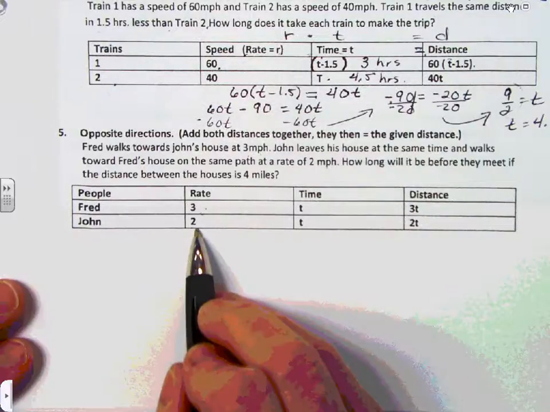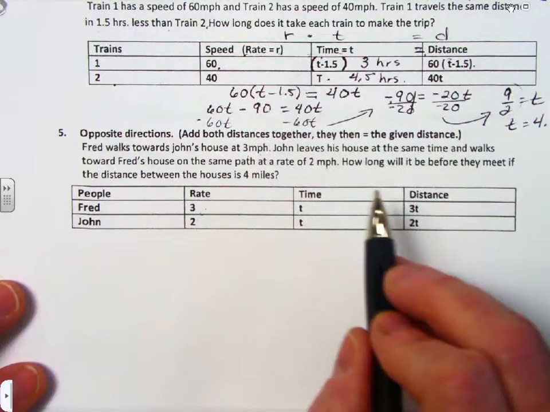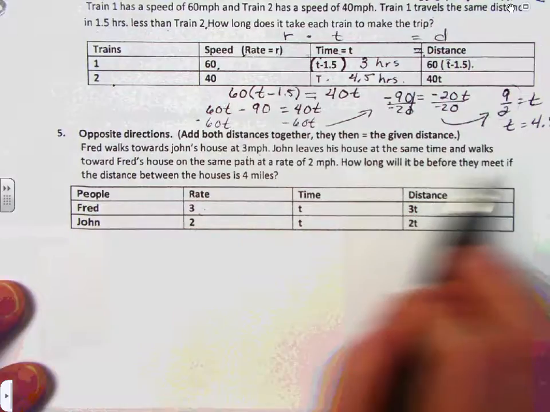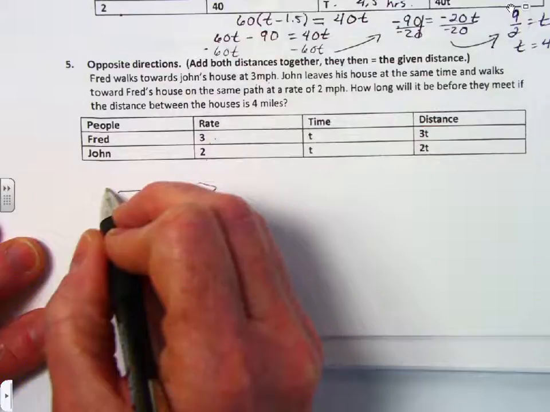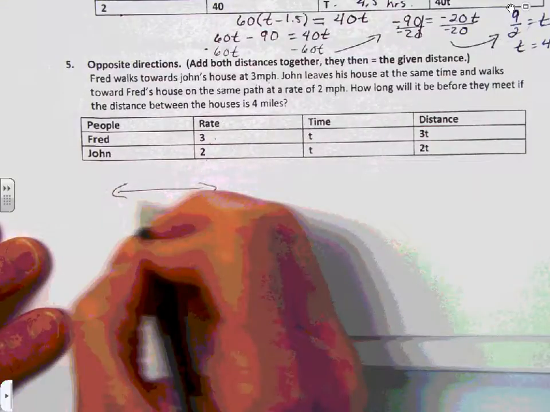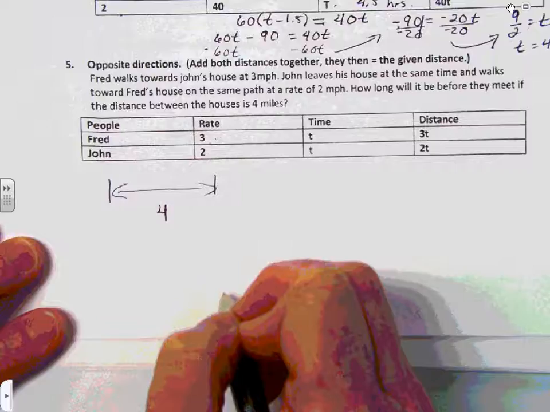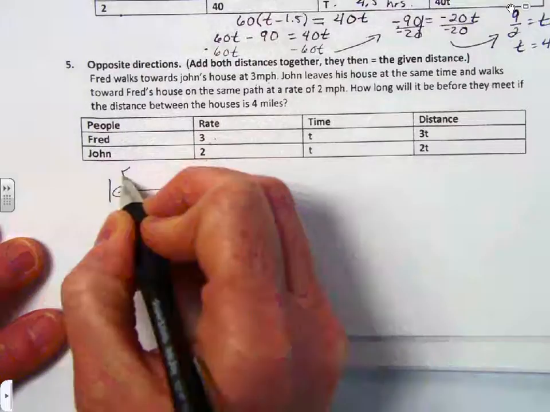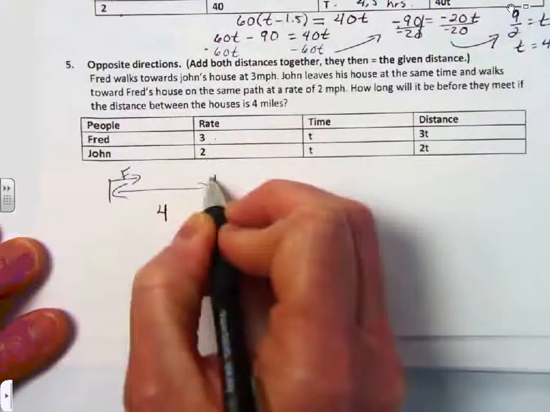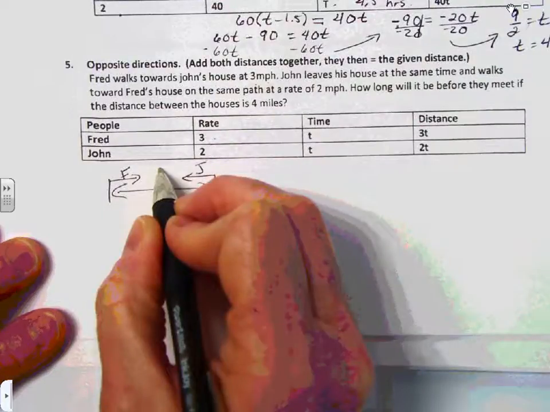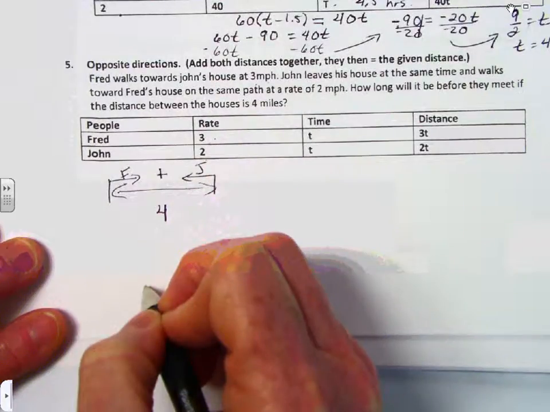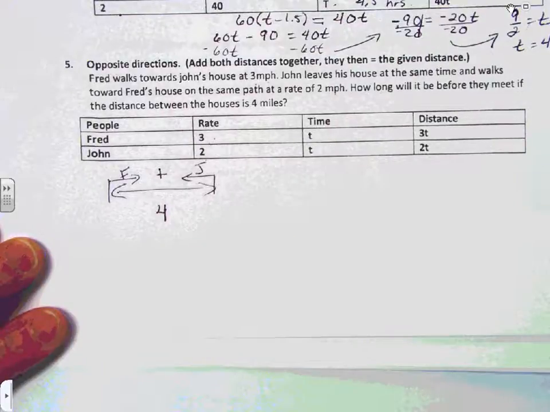Okay. Now it says, how long will it be before they meet if the distance between their homes is 4 miles? So if I have from here to here being 4 miles, and I have Fred walking this direction and John walking this direction, their two distances added together should equal the 4 mile total between them, right?